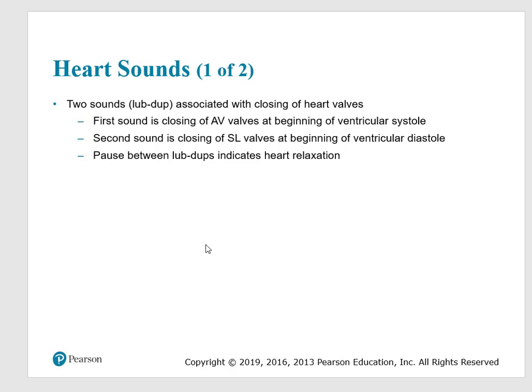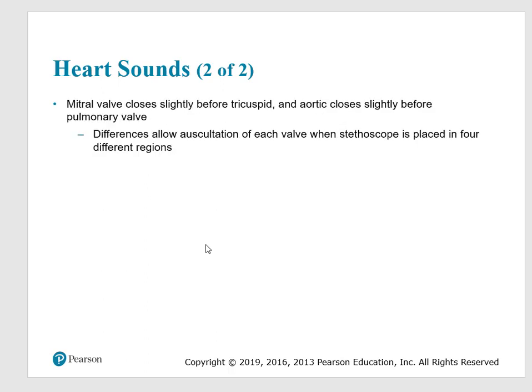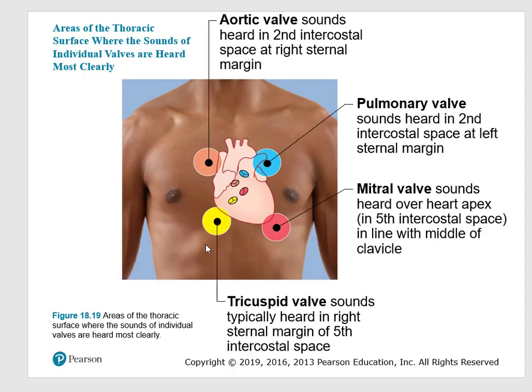The first sound, S1, the lub, is due to the AV valves closing, the bicuspid and tricuspid. The second sound, S2, the dub, is heard from your semilunar valves closing. Now these sounds, you should have a clear sound heard when you place the stethoscope throughout the thoracic wall.